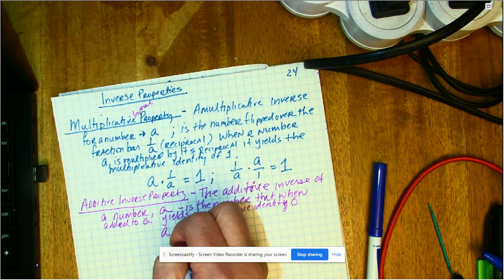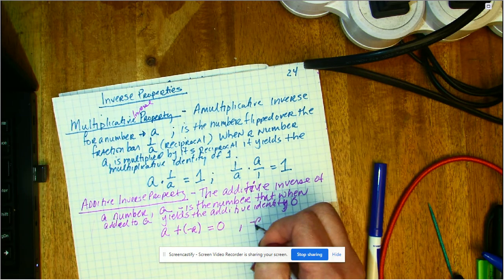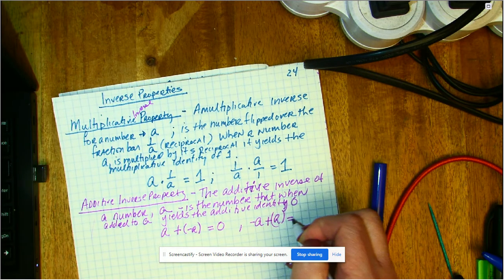So A plus negative A equals 0. Conversely, negative A plus A equals 0.